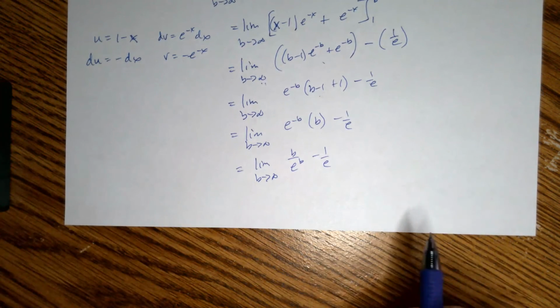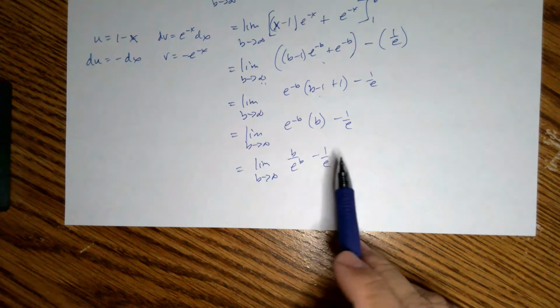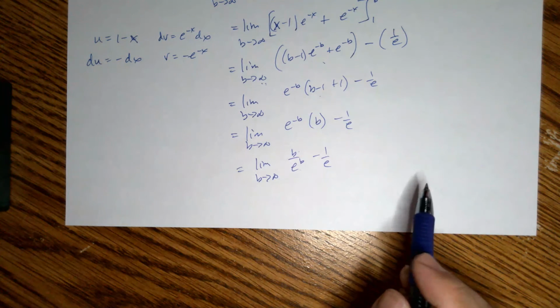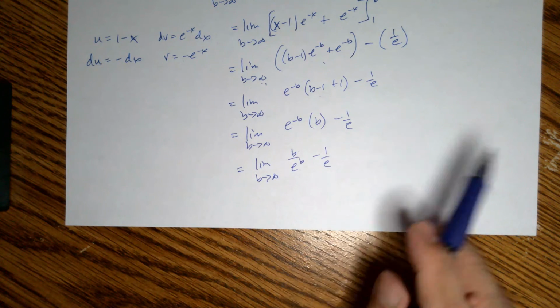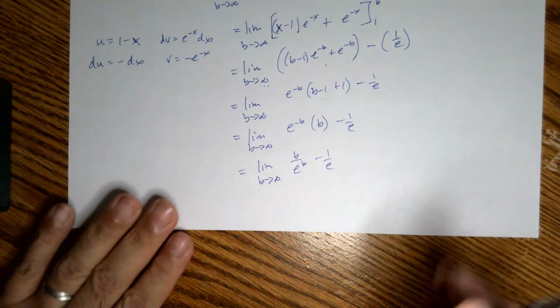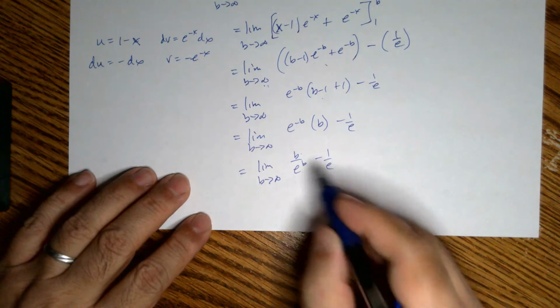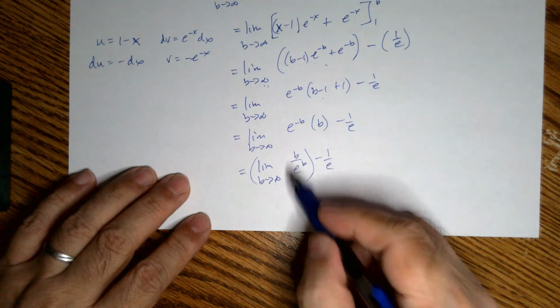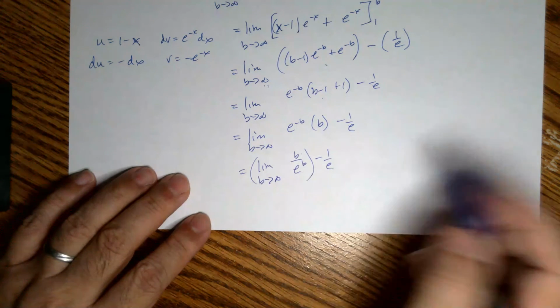Alright, so what I have is infinity over infinity. Okay, I'm going to ignore the minus 1 over e. You can think of it as, you've taken the limit of that, so it's just this minus 1 over e. Okay, it's not the limit of that. The limit of that, minus 1 over e.